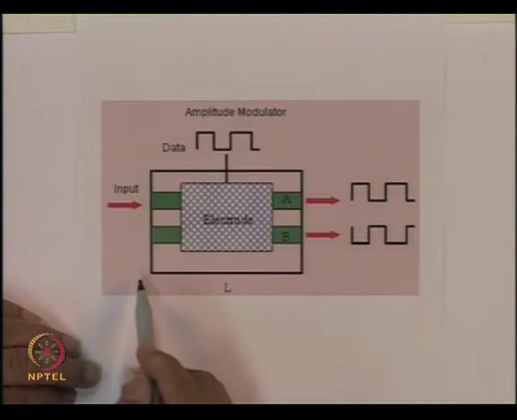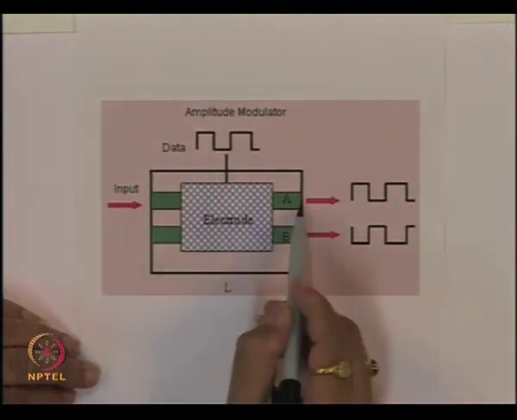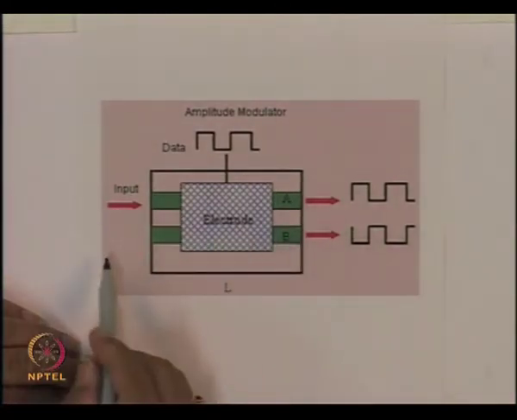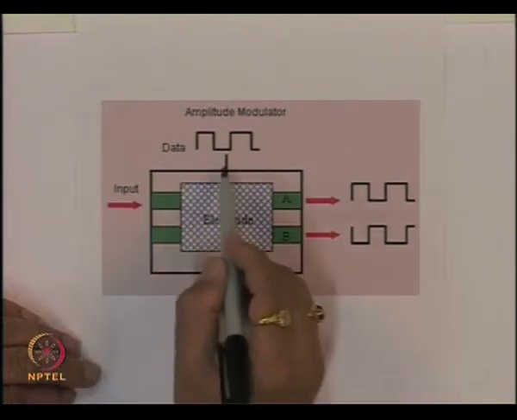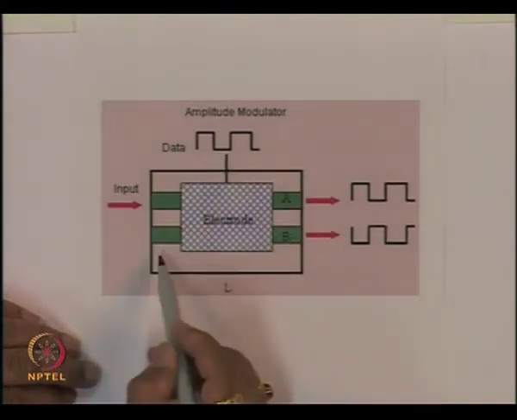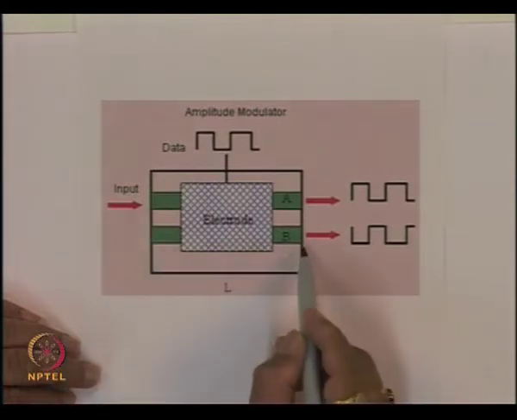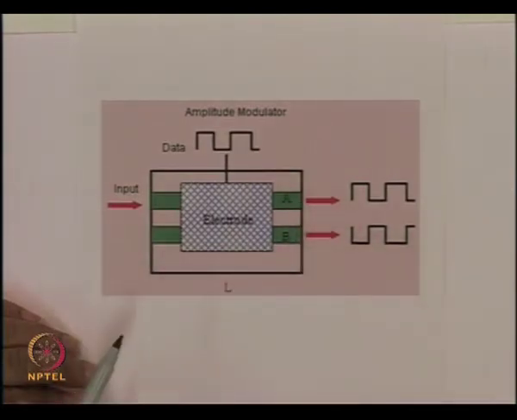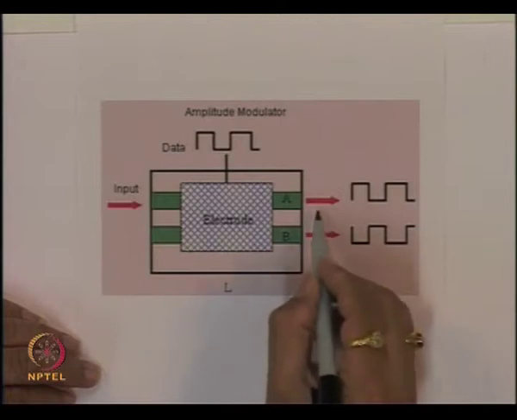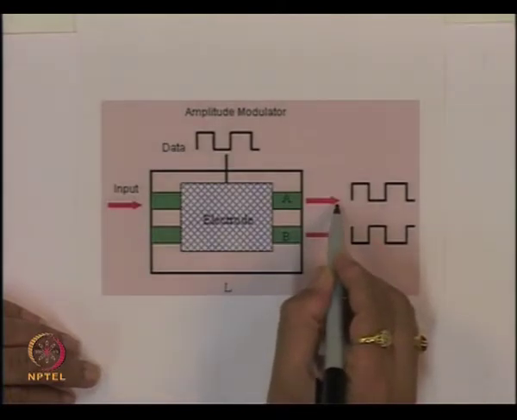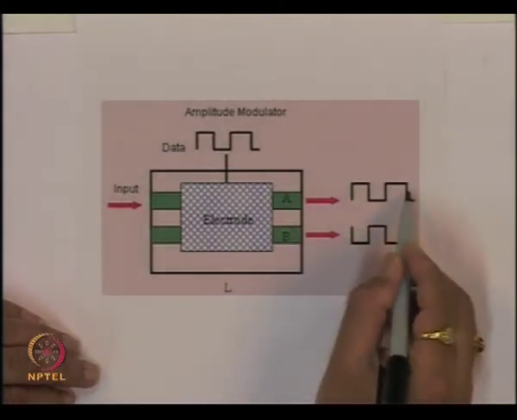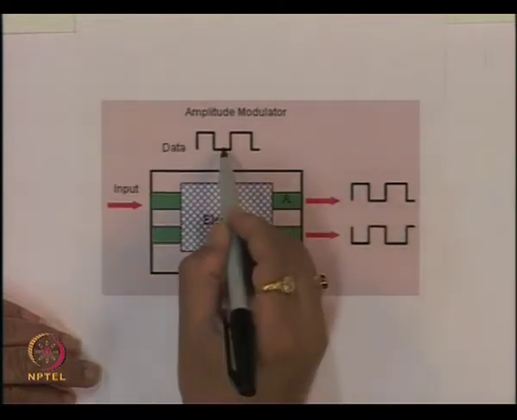When the other state comes, the power essentially comes back to the second waveguide. So by switching the voltage across this electrode, we can connect the power here or here. If you monitor the output only from one of the ports, in fact it will have the variation in intensity exactly the same as this data.